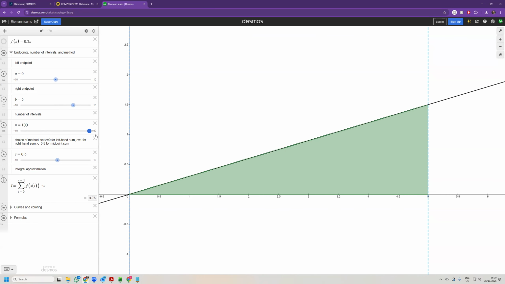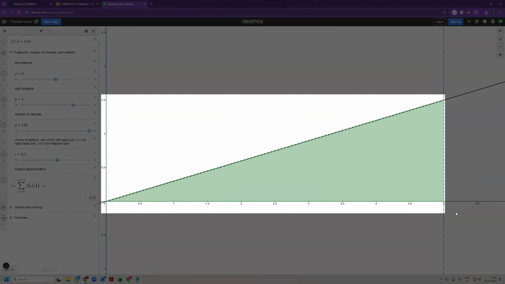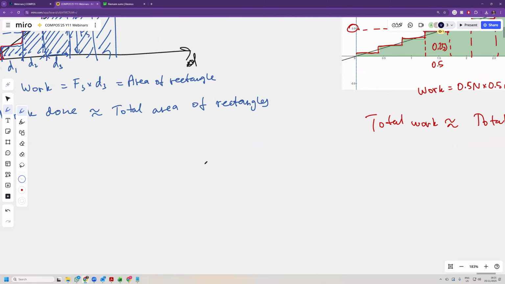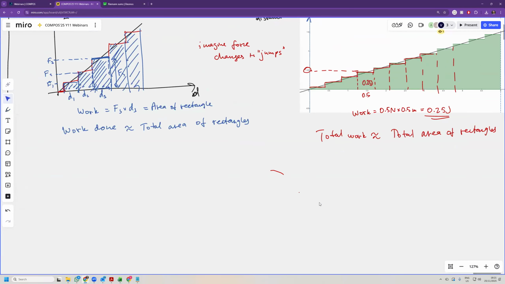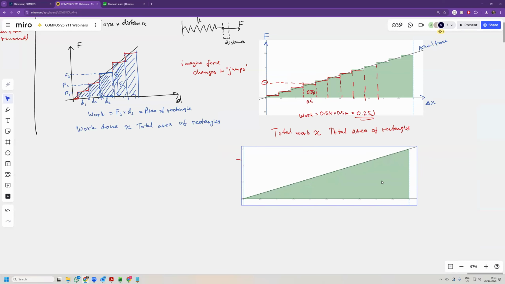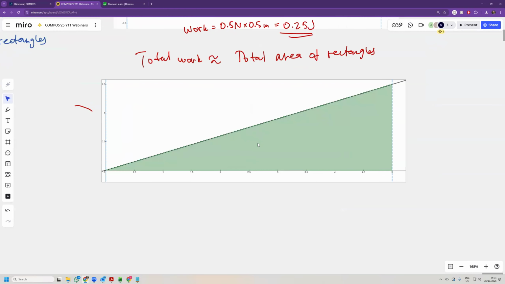If we increase the number to 100, I think very few people can tell the difference. Make the rectangles much narrower. So add more rectangles, add more rectangles.